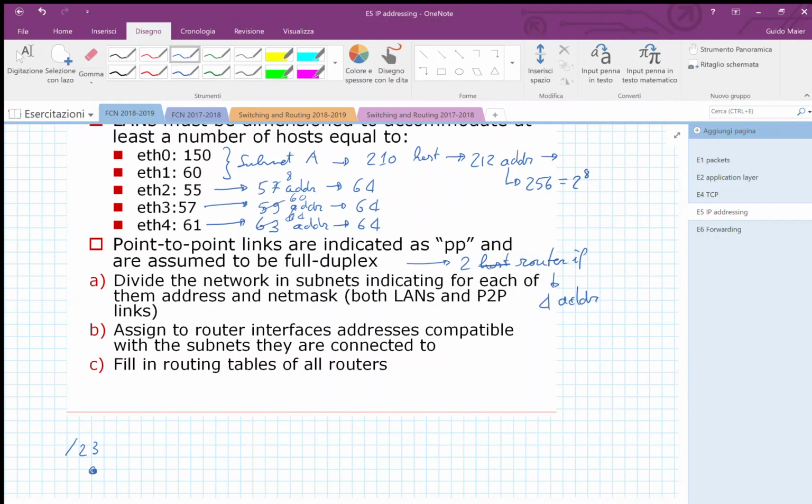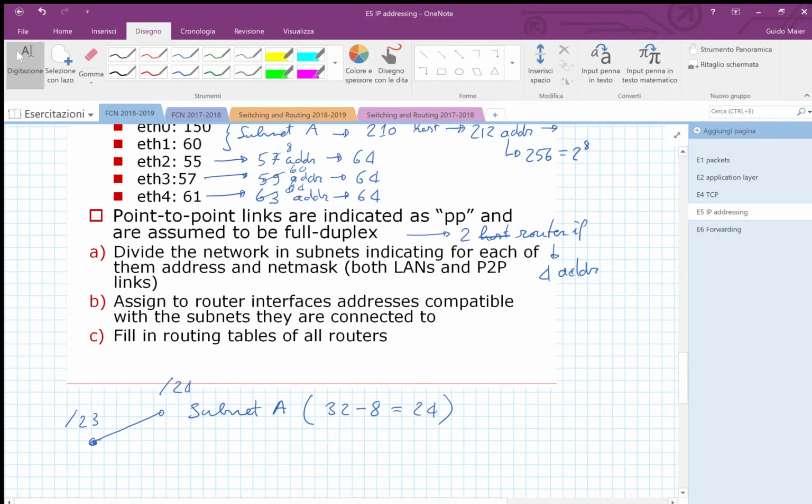In order to create subnet A, we need a /24, because the number of bits for the host ID is 8, so 32 minus 8 is equal to 24. Since we need 8 bits for the host ID, the remaining part, which is 24, is the length of the subnet mask.